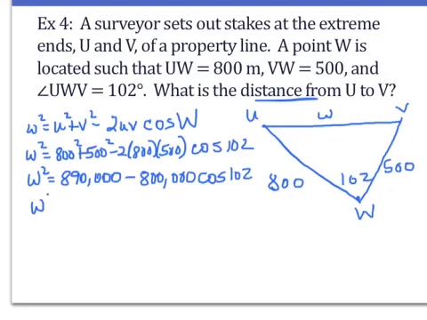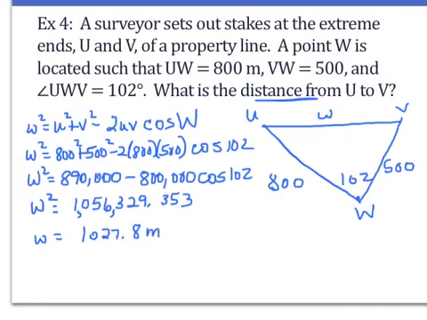So we can put this whole thing in the calculator all at the same time, and it looks like that's 1,056,329. But we're going to take the square root of that because that's W squared. And the number that it gives us is 1,027.8 meters. That appears to be a pretty reasonable number.